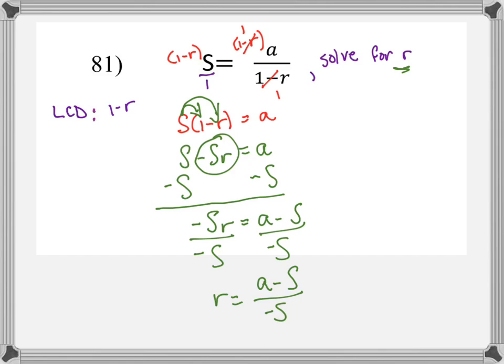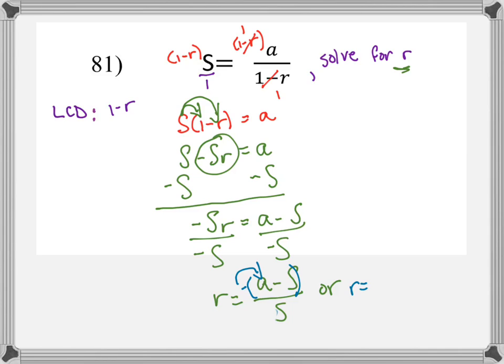It's not wrong, it's just not what you would commonly see as an answer choice. So I could get rid of the negative in the denominator by moving it up to the numerator. So I could consider this to be the opposite of a minus s over positive s.